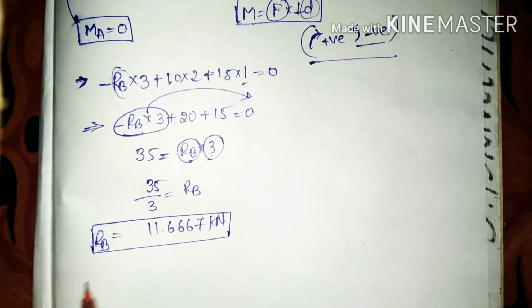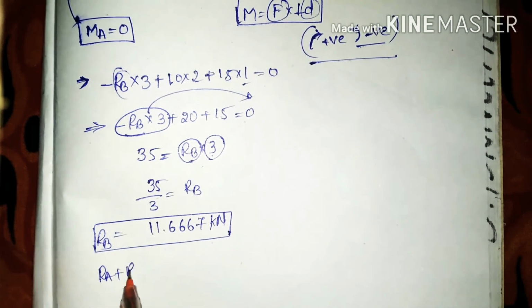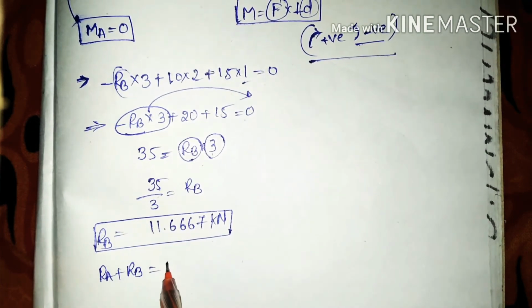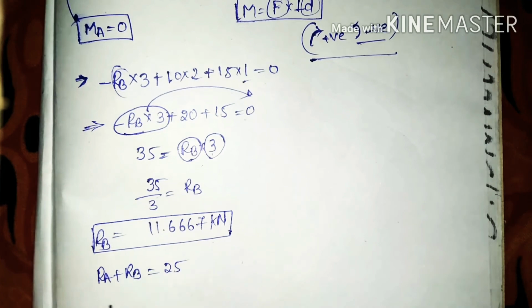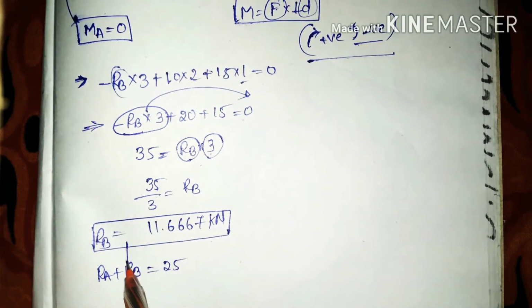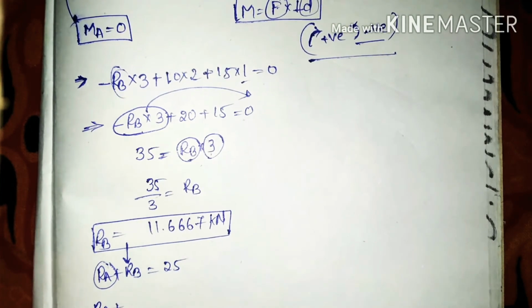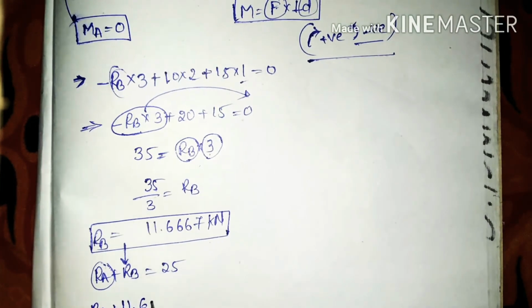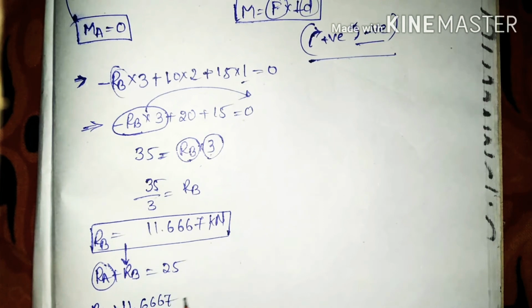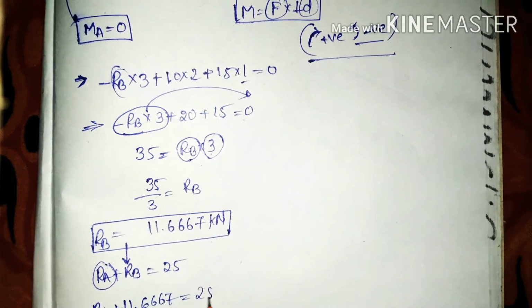As we already know, RA plus RB is equal to 25 kilonewtons. Simply substitute the RB value in this equation to get the value of RA. RA plus 11.6667 is equal to 25.